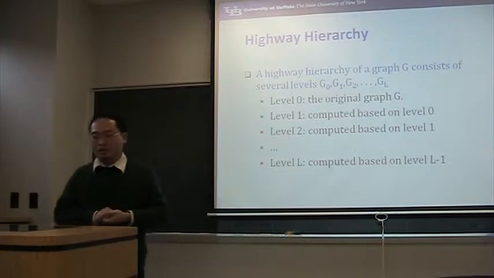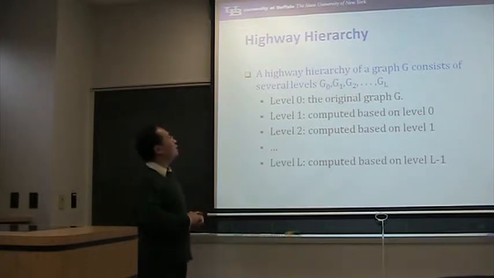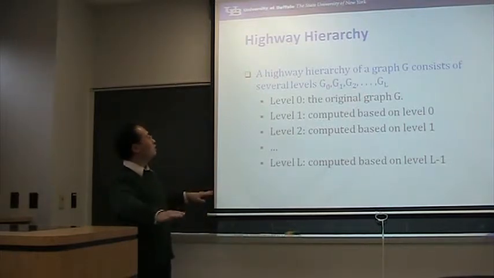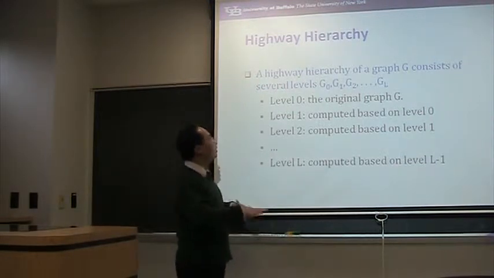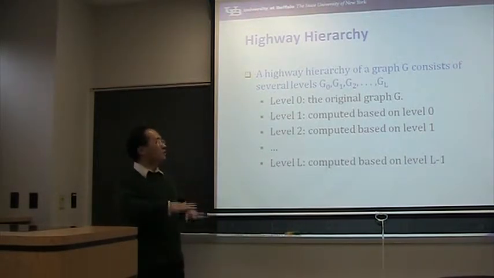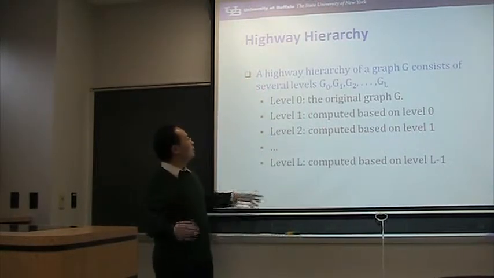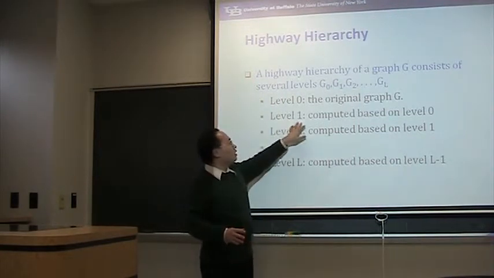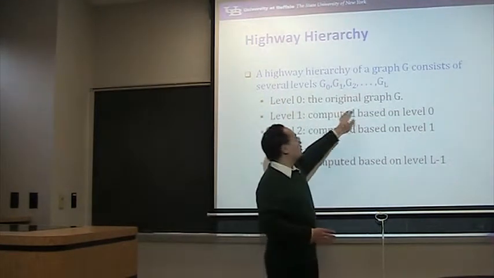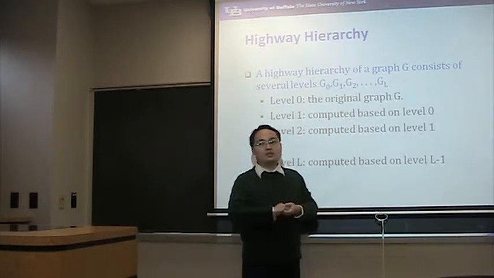The ultimate solution is called highway hierarchy. The basic idea of highway hierarchy is to create a hierarchy that includes several levels, like in this example, L levels. Level 0 is the original graph. Then level 1 is computed based on level 0.